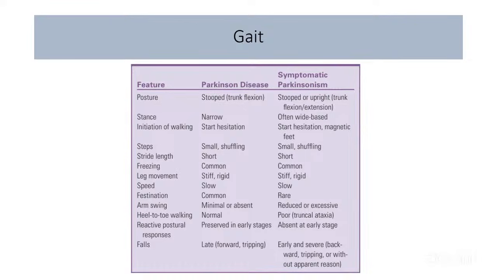One difference we can see in CBGD patients is that on one side the arm swing will be reduced and on the other side it will be normal. Heel to toe walking will be normal in Parkinson's, but in those who have truncal ataxia, like in PSP, it is poor. The postural responses will be preserved in early Parkinson's, and absent in symptomatic Parkinsonism.